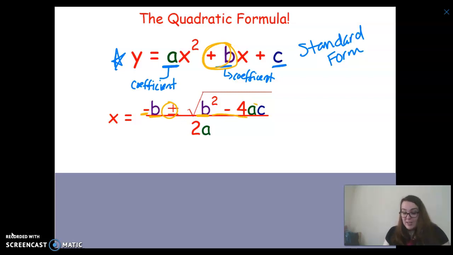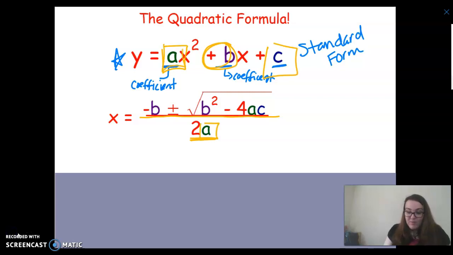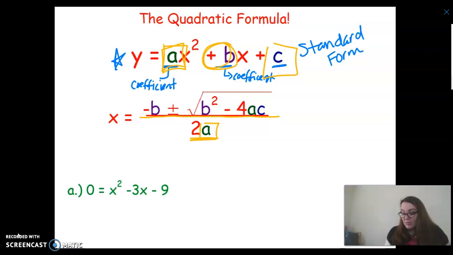And then a and c come from this a and this c. Then it's all over, so it is one big fraction, all of that is part of the numerator, and the denominator says 2 times a. Again, this a comes from the coefficient of x squared. So really the quadratic formula is just putting your information into the problem. That second question on the first page is actually the first question we are going to do using the quadratic formula.